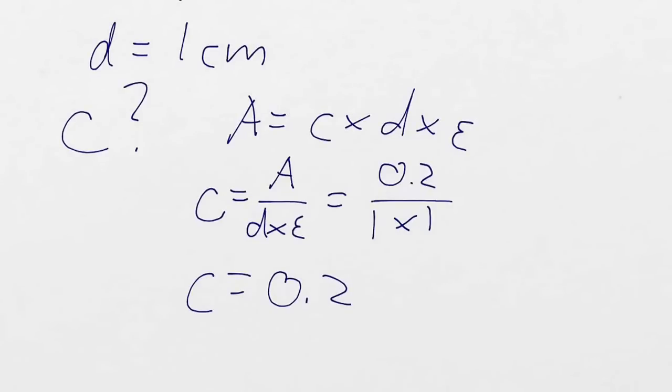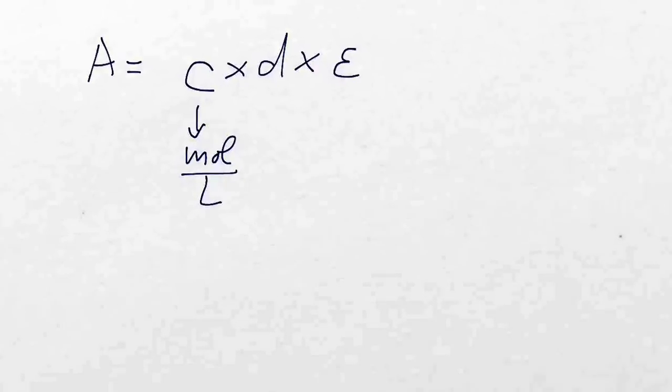Now, obviously, we need to discuss the units. So, let me rewrite this again. A equals C times D times epsilon. Concentration we measure in mole per liter. Yeah?